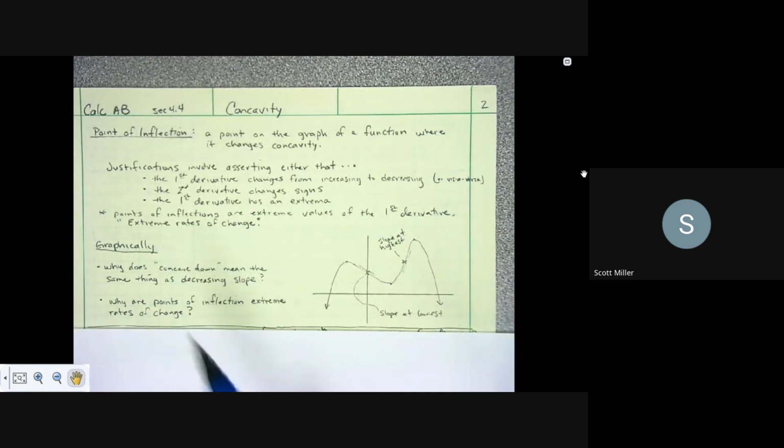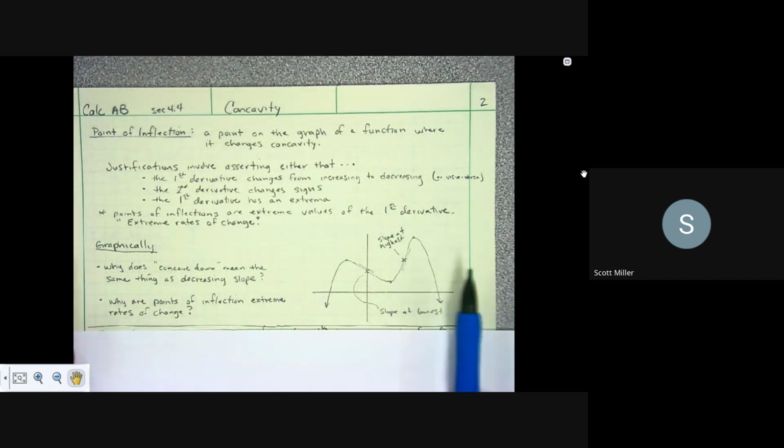But the other ones you can do also. So be aware of all three approaches to finding points of inflection. Points of inflection are extreme values of the first derivative. They are extreme rates of change. It is the fastest rate of change, or the slowest rate of change, things like that.